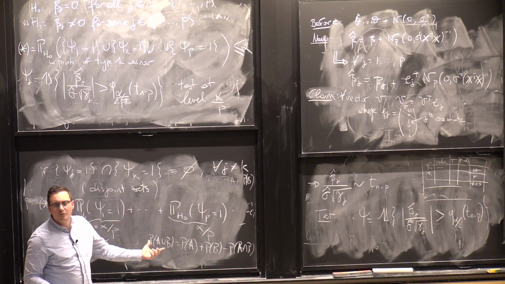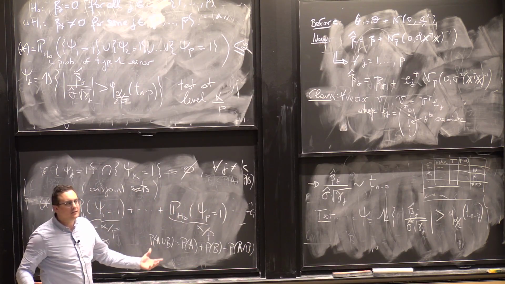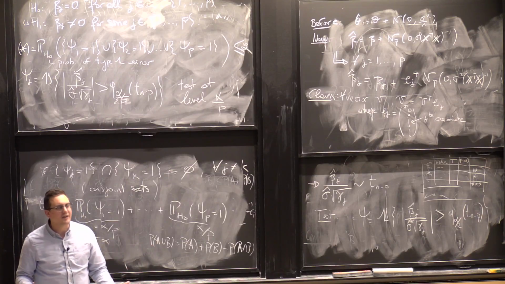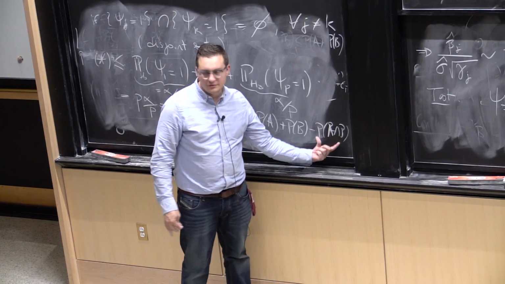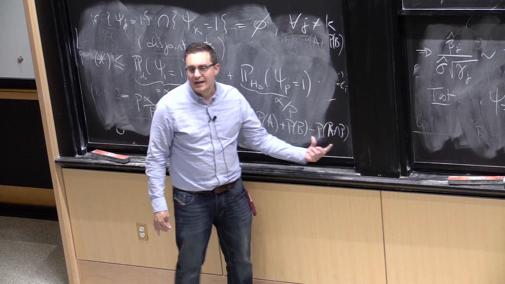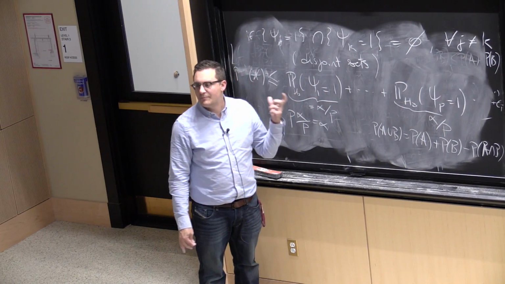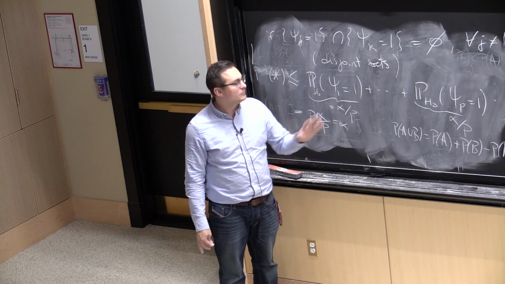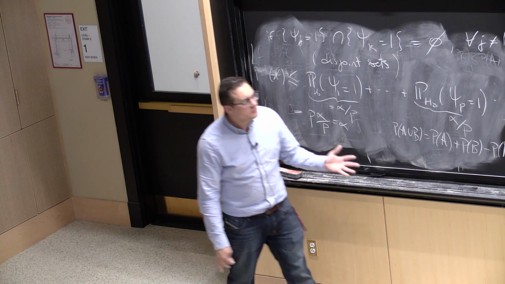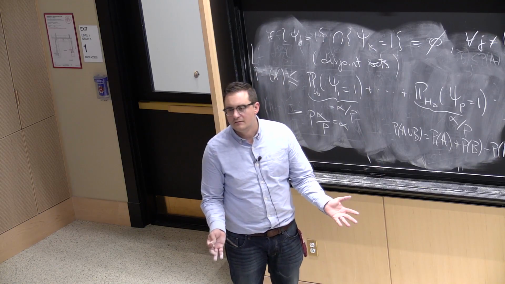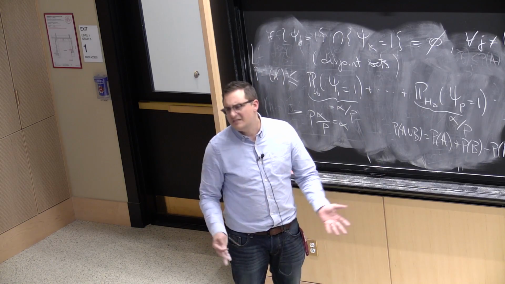But if you start doing this for more than 2, it's super complicated. The number of terms grows really fast. But most importantly, even if you go here, you still need to control the probability of the intersection. And those tests are not necessarily independent. If they were independent, then that would be easy. The probability of the intersection would be the product of the probabilities. But those things are super correlated. And so it doesn't really help.